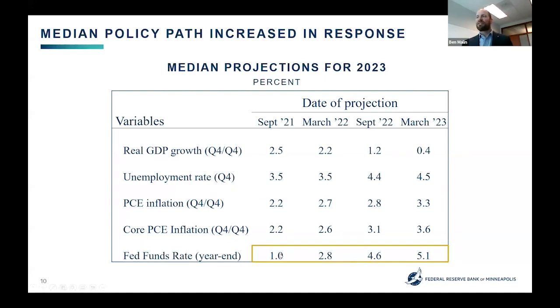And they increased quite strongly over time, especially early last year and through the middle of last year, and then a little bit more in the last six months through March of this year. So that's saying how the Fed is reacting to higher inflation: the FOMC is expecting to raise its interest rates more.